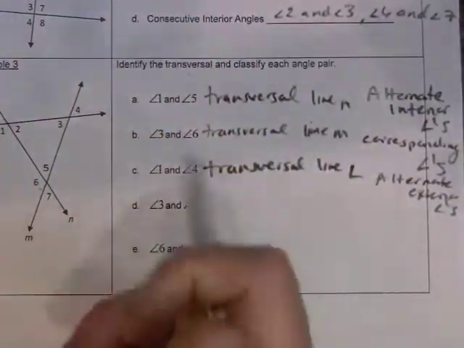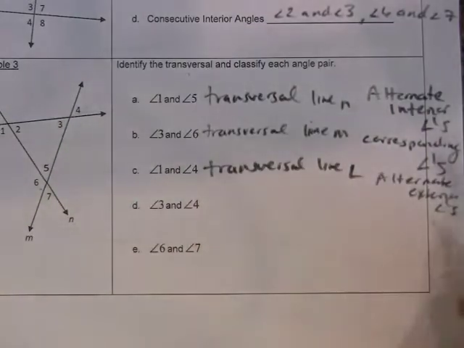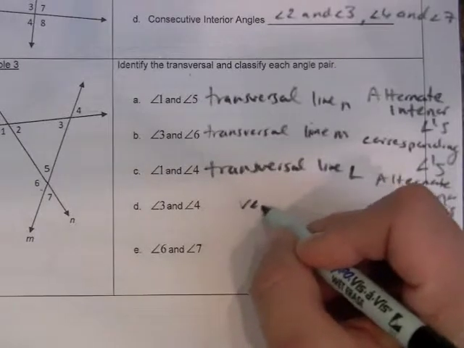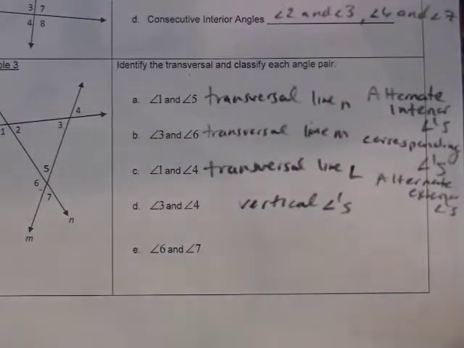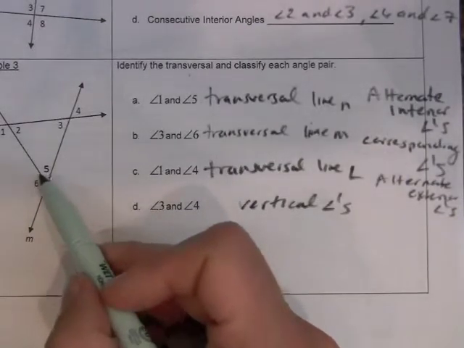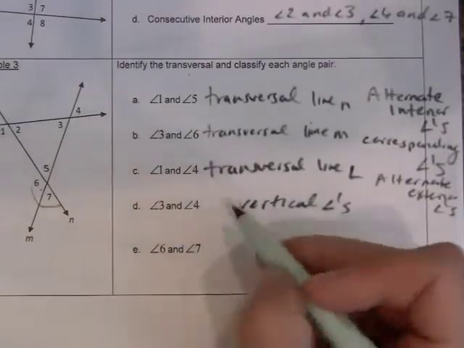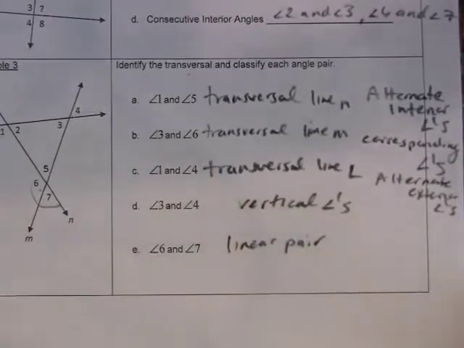Instead, 3 and 4 are vertical angles. And 6 and 7, being next to each other and forming a line, form a linear pair.